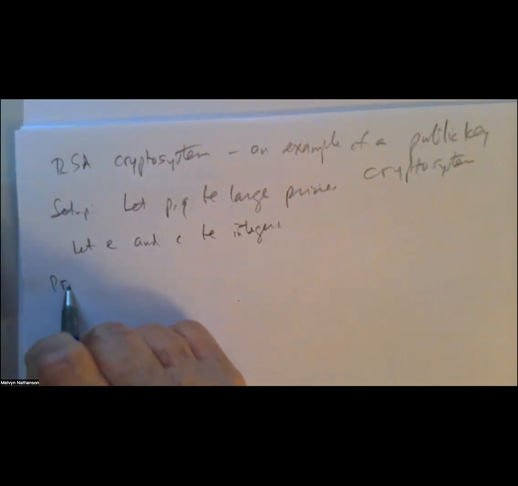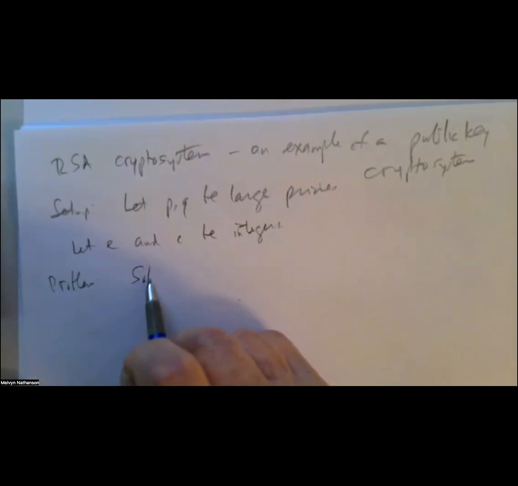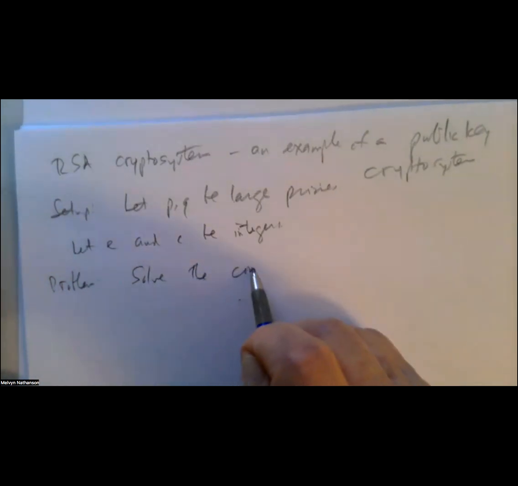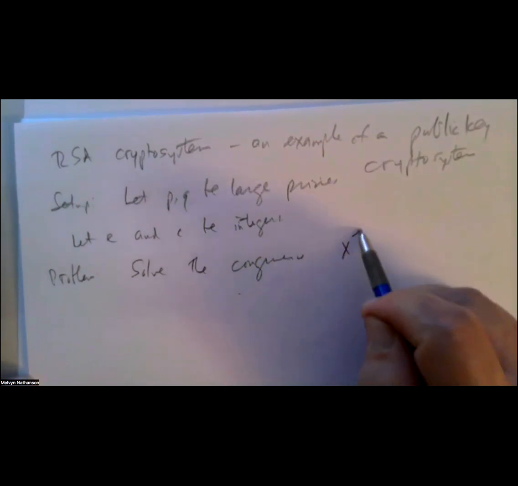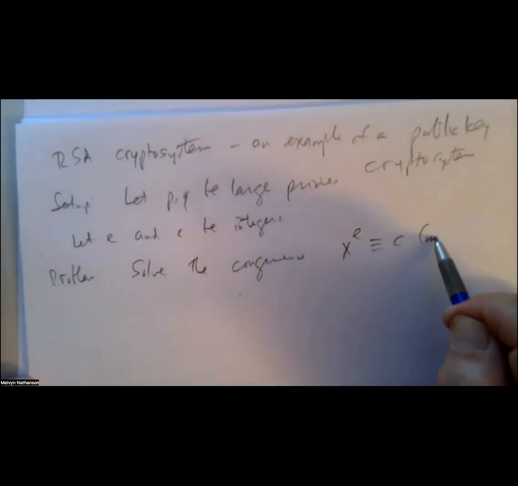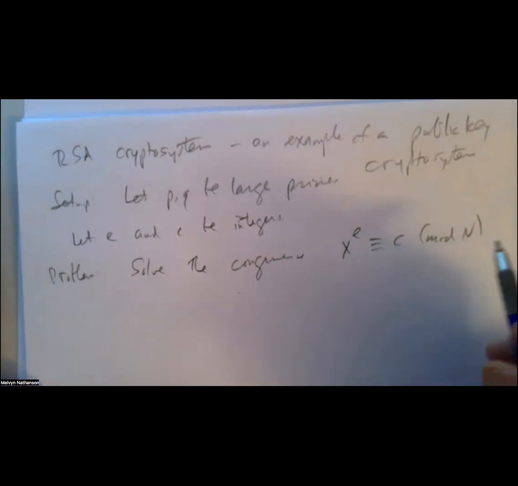What is the problem you have to solve? Solve the congruence x to the E congruent to C mod n.